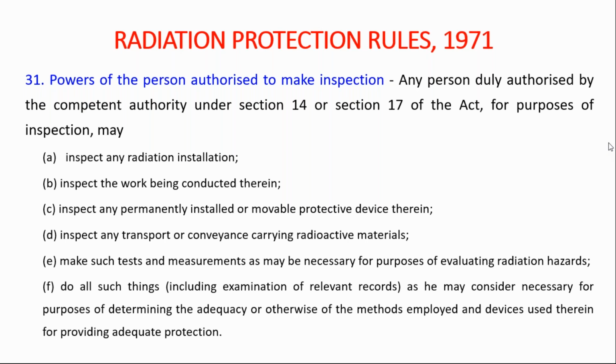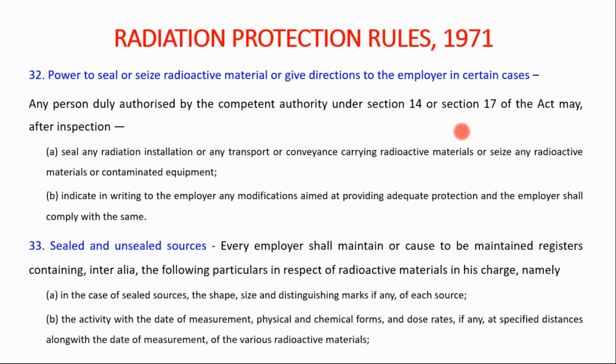So the activities should be guided by the competent authority, and the authority can be given to the employee by proper guidance or directions. So seal any radiation installation or any transport or conveyance carrying radioactive material, or seize any radioactive materials or contaminated equipments.